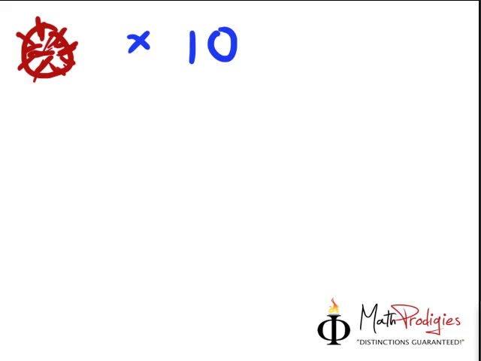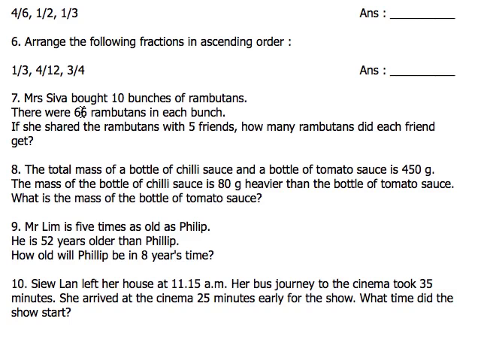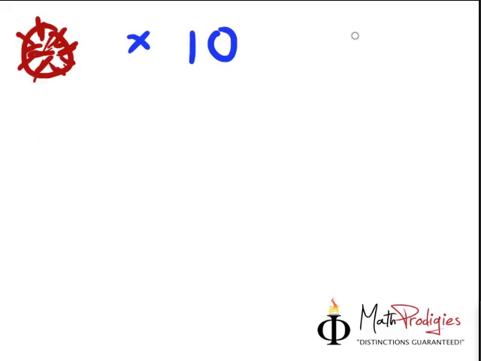Now the next part, it says that there were 66 rambutans in each bunch. Do you know what a bunch is? A bunch is basically a group of. For example, if I were to draw a bunch of rambutans, it would look like this. You have your little sticks over here, and of course you will have your rambutans around, and it's called one bunch because they all are grouped into one.